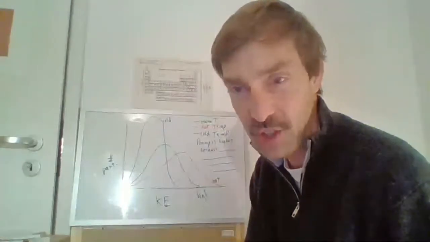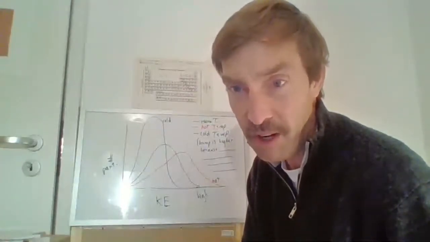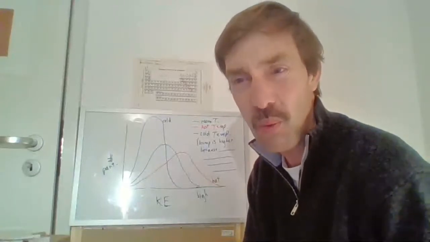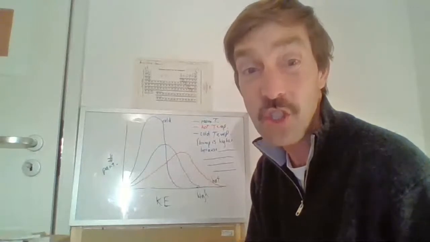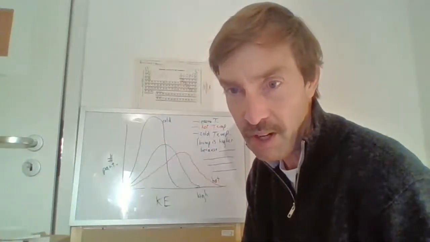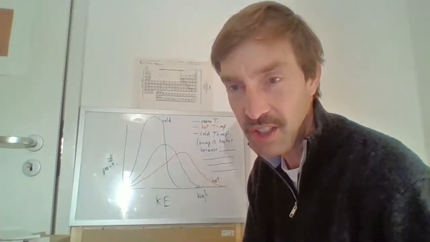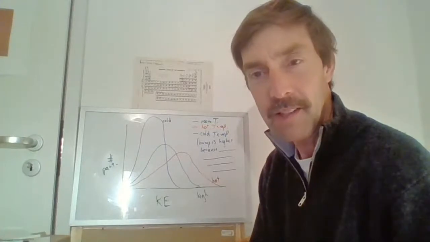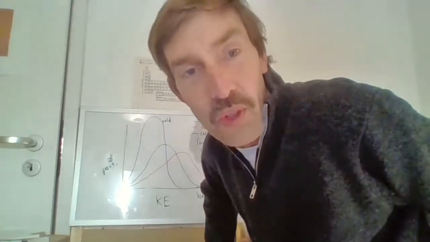Let's see if others can add to it. Natasha adds, all the particles are squished on the left side of the chart. Yes, and we're going to see why that is, Natasha. In a sense, they are squished on the left side of the chart. Let's see what Ray adds. The total number of particles but smaller distance to cover. Yeah, it's not really distance. Okay, it has to do with this, okay?